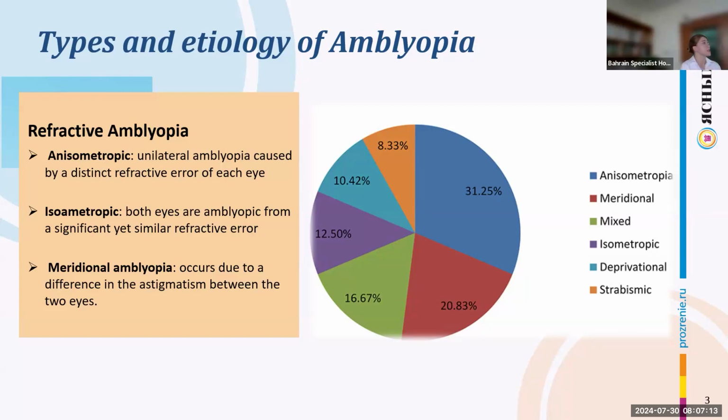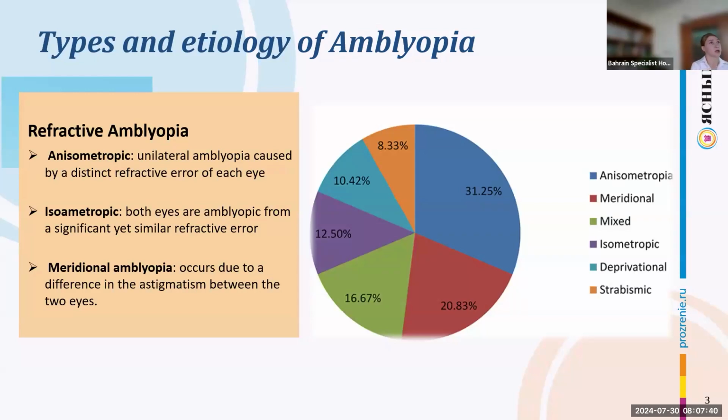Anisometropic amblyopia is usually unilateral, only in one eye, and it's caused by a distinct refractive error in each eye. For example, one eye has normal vision and the other has high hypermetropia, for example +5, or, in the opposite, it has myopia, -5, and the other one has normal vision.